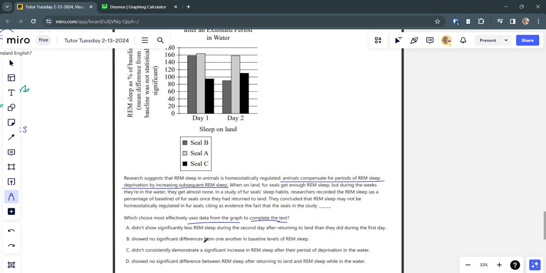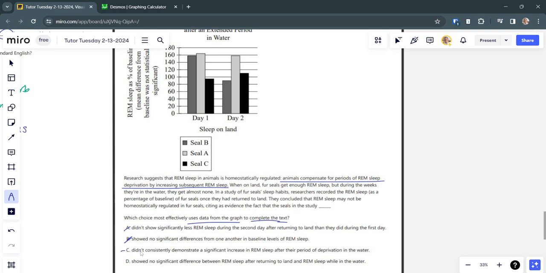They showed no significant differences from one another in baseline levels of REM sleep. That's just false. They did show significant differences from seal to seal. Didn't consistently demonstrate a significant increase in REM sleep after their period of deprivation in the water. Let's mark that one, because that matches what we're trying to conclude, that REM sleep may not be homeostatically regulated, because they didn't show a significant increase in REM sleep after their period of deprivation in the water.